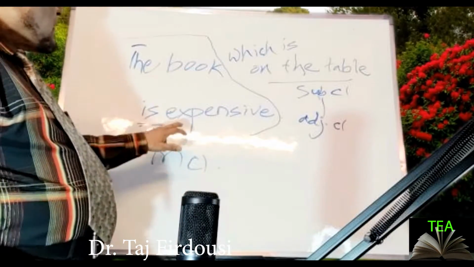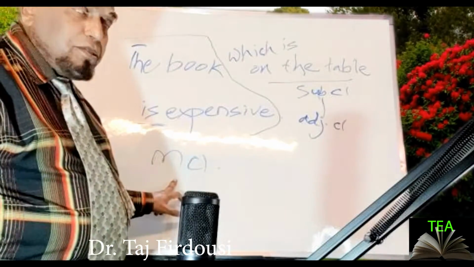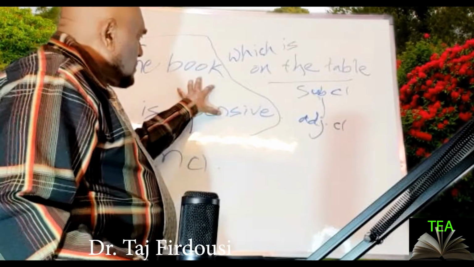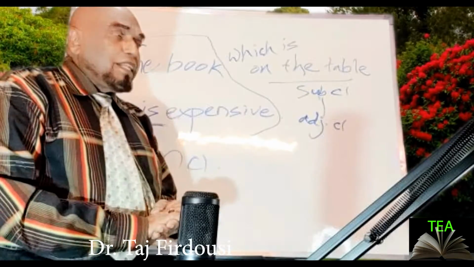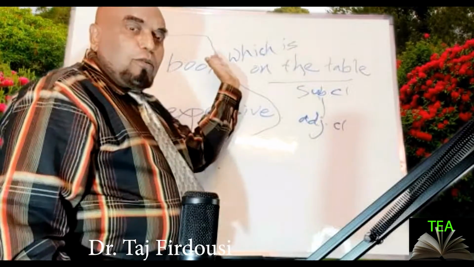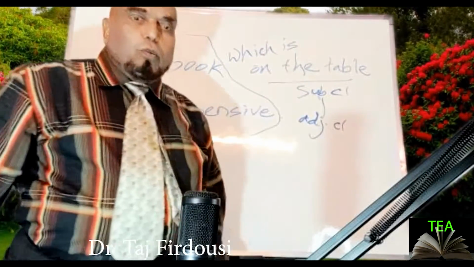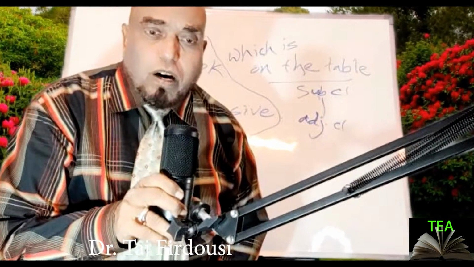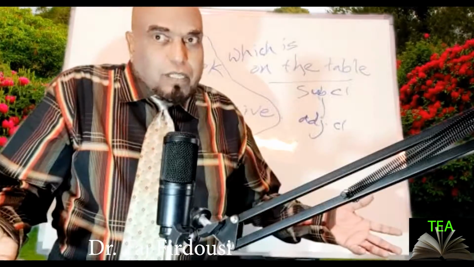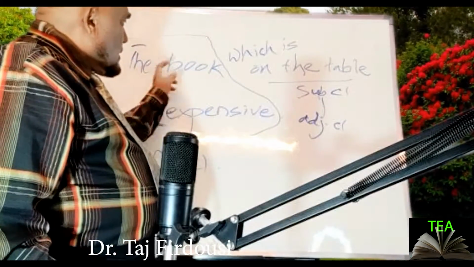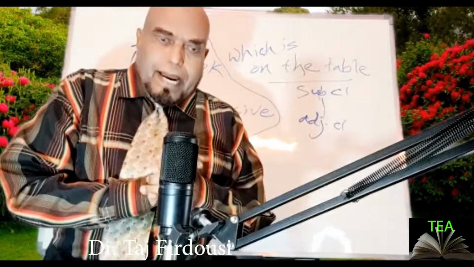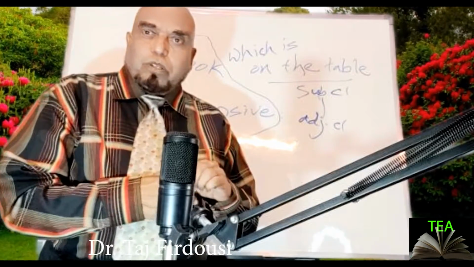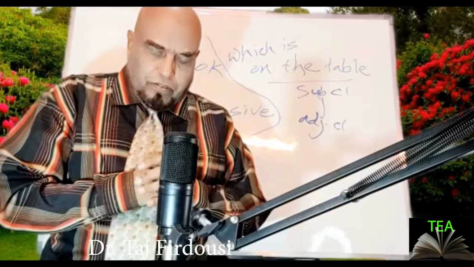The book is expensive is the main clause. If I read out only which is on the table, you don't know what the meaning is. Which is on the table is what? But if I say the book is expensive, at least you understand there is a book and its quality is that it is very expensive.